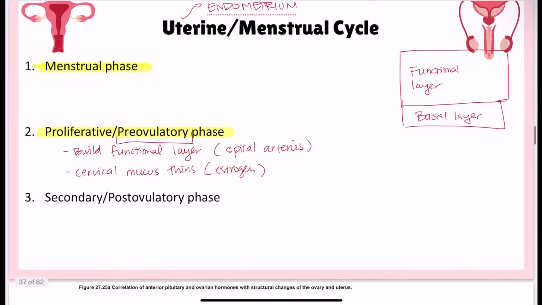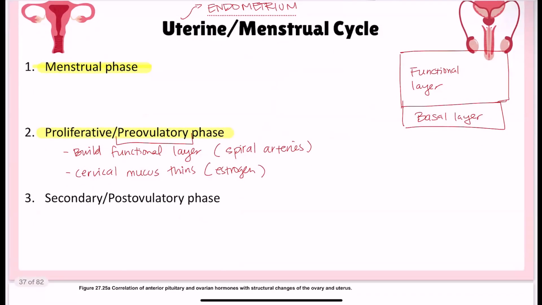The next thing that happens is, well, okay, so this is in the uterus, but at the end of this proliferative phase in the uterus, we ovulate an egg in the ovarian cycle. So this leads us to the post-ovulatory phase or the secretory phase.